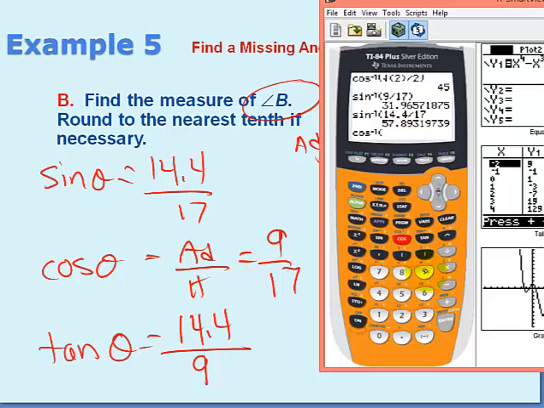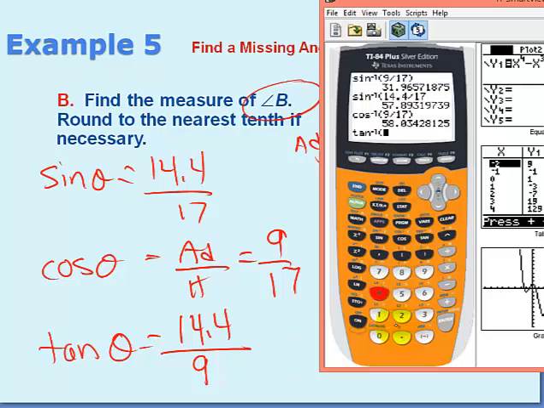Cosine of 9 over 17. So 58.0. This one would be rounded to 57.9. Very close. So that 14.4 must be a rounded number. That's why it worked out that way.